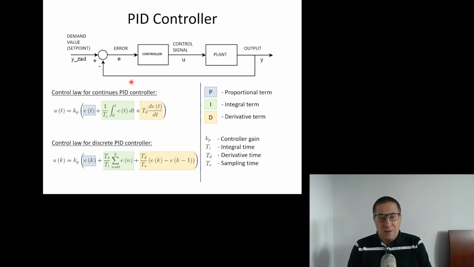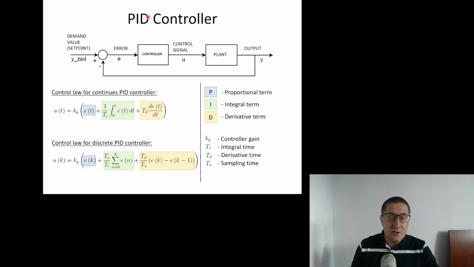This PID controller consists of three terms: the proportional term, the integral term, and the derivative term. That is why it is called PID, proportional integral derivative. If there is no D term, we will call it a PI controller. If there is no I, we will call it a PD controller.